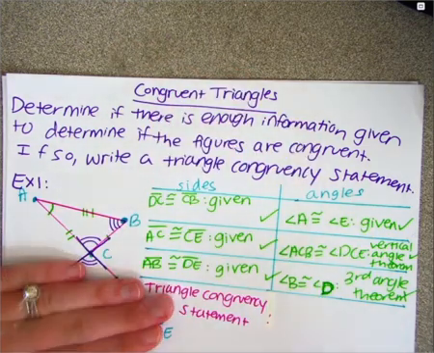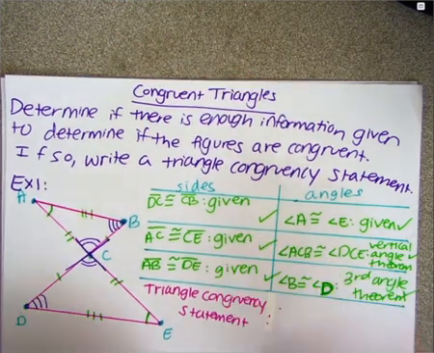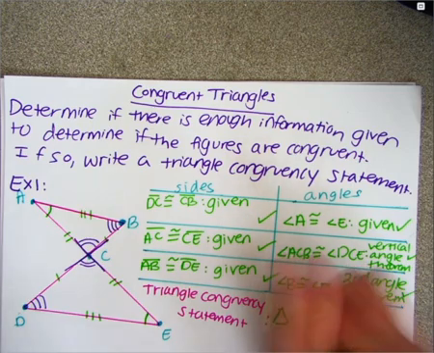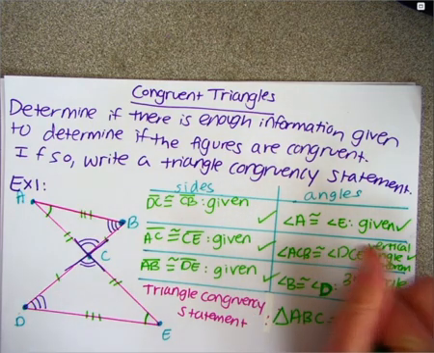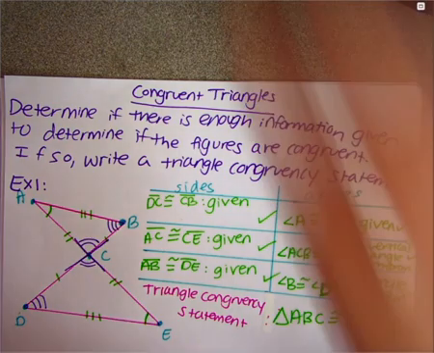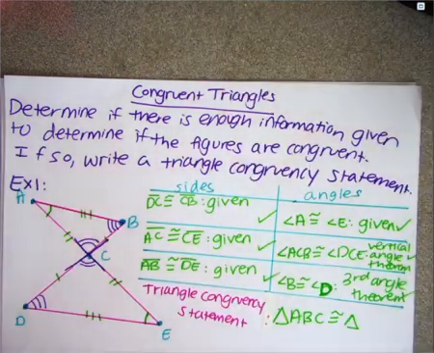So I'm going to say triangle ABC. I'll keep it in green. Triangle ABC is congruent to triangle. Now, the way I know how to write my next statement, remember, triangle congruency statements have to show their corresponding parts.